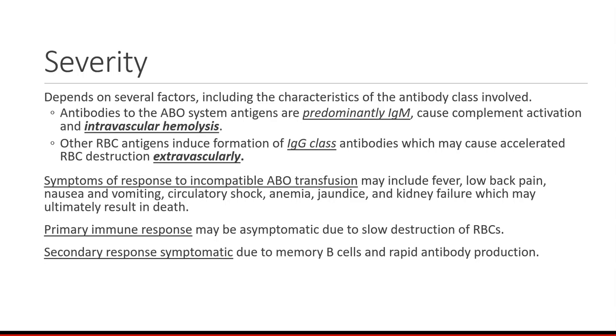Red cells live 120 days. So by the time there's sufficient antibody present, most of the transfused red cells have died. In a secondary response, it's symptomatic because of the memory cells. They go into the rapid production of antibodies against this specific antigen, which then there will be signs and symptoms of hemolysis in the patient.